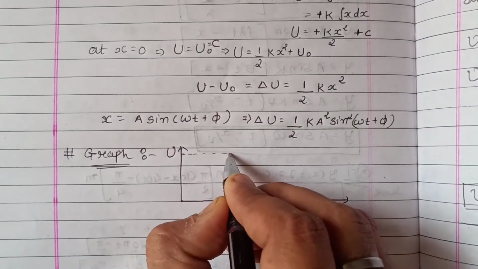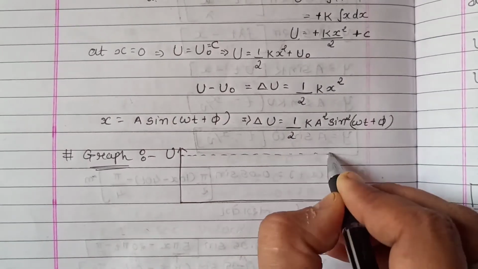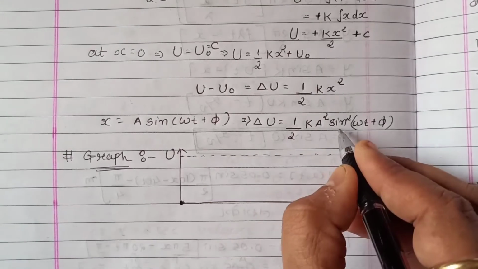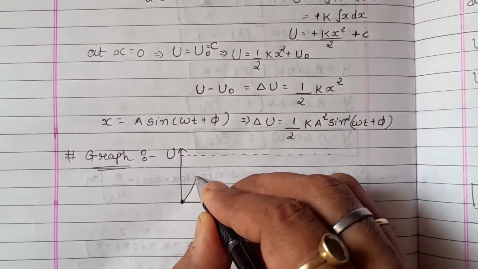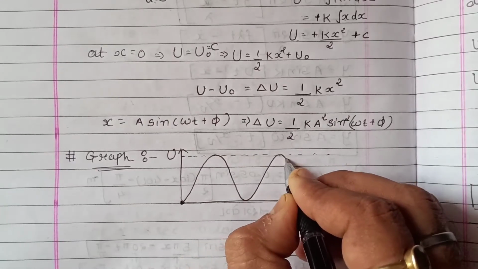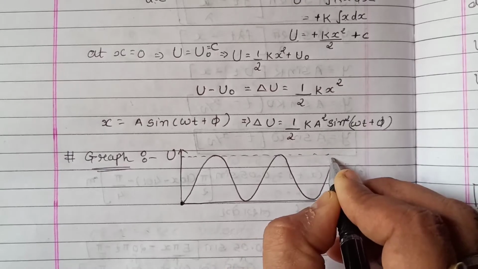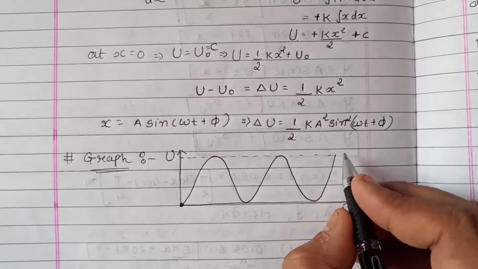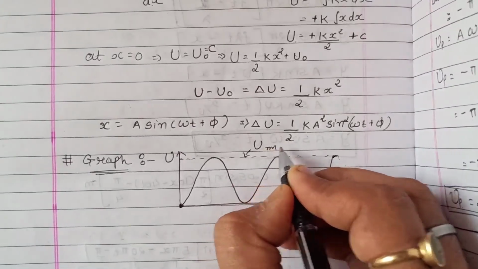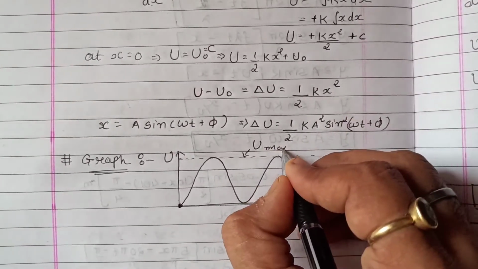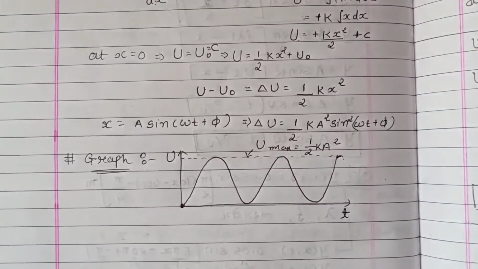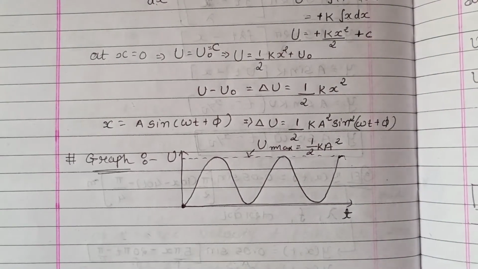Here is the maximum value of potential energy. Okay, so the graph starts from 0 because of the sine here. And this is the maximum value, and u max is equal to 1/2 k a square. Okay, what is the value of u maximum, that we decide here.